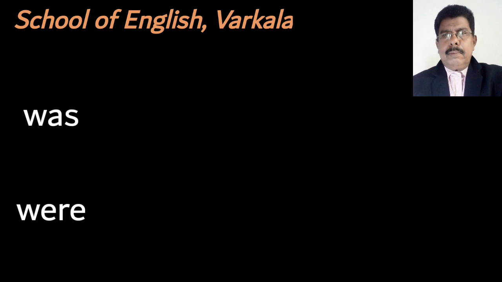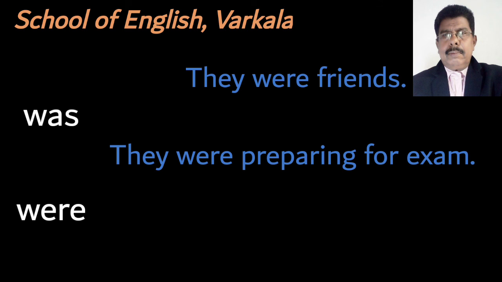Okay, now another example. Now look at the second sentence. They were preparing for exam. In this sentence, in order to make the past continuous form of prepare, were is helping the verb. So in the second sentence, were is used as an auxiliary verb.